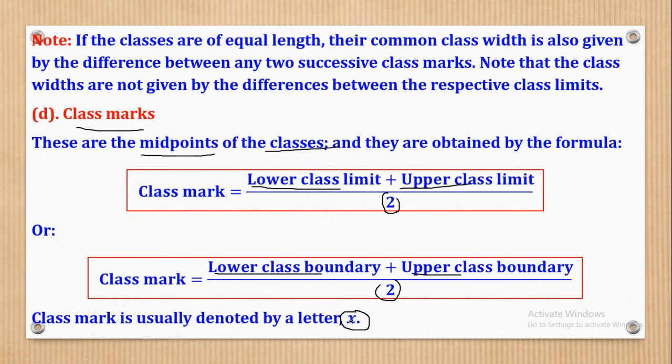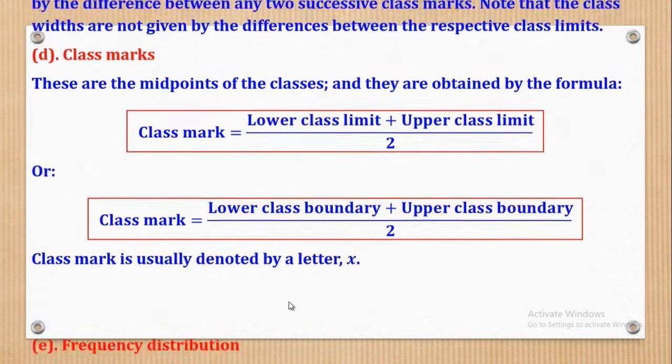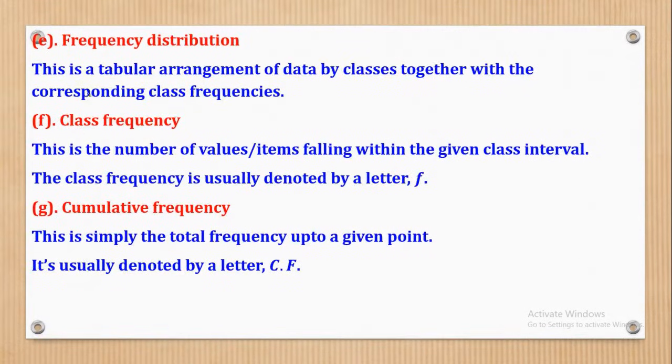In ungrouped data, x denoted the data value, but in grouped data, x denotes the class mark. Next is frequency distribution. This is a tabular arrangement of data by classes together with the corresponding class frequencies. So a table consisting of classes and frequencies is called the frequency distribution.